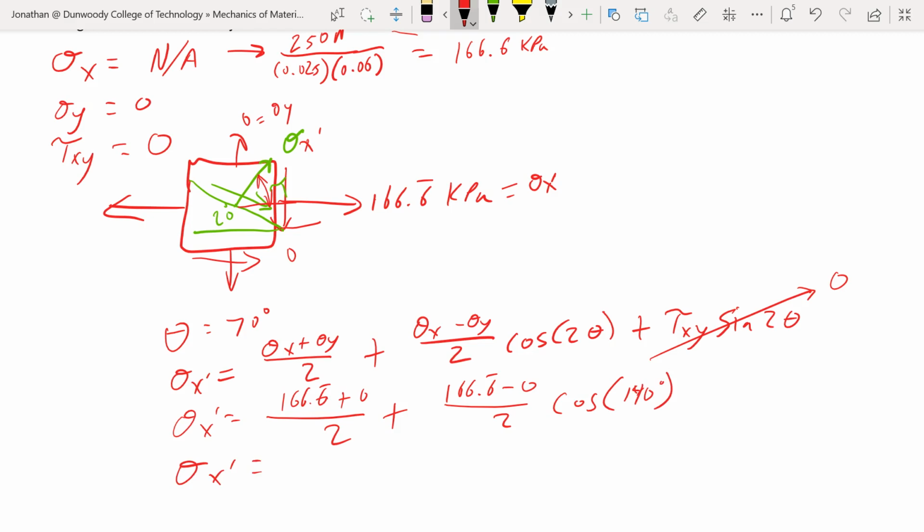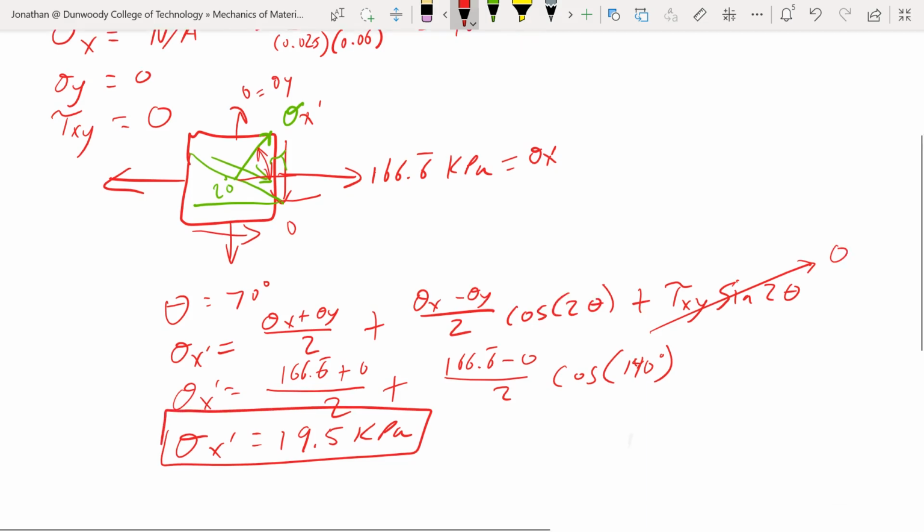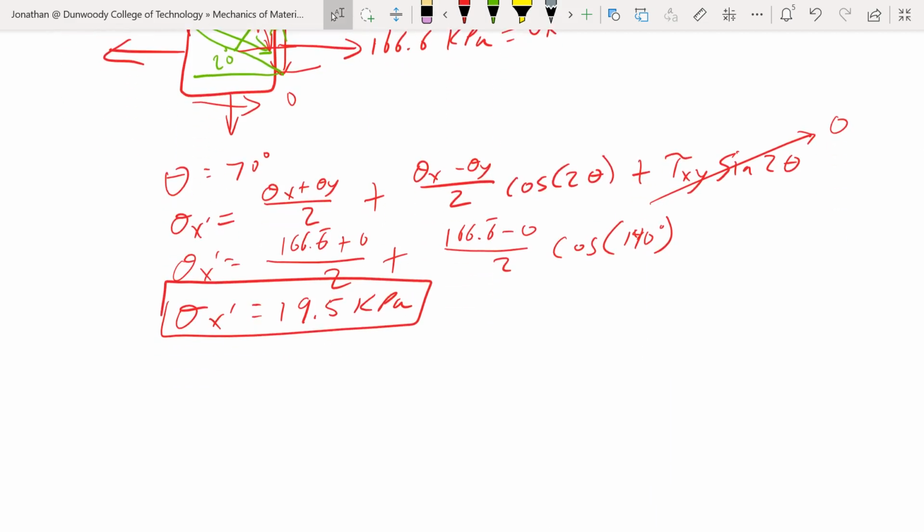Plugging some values in, we get 19.5 kilopascals. So that's the first bit. That's the part perpendicular.